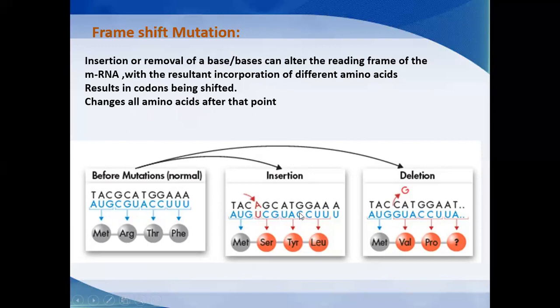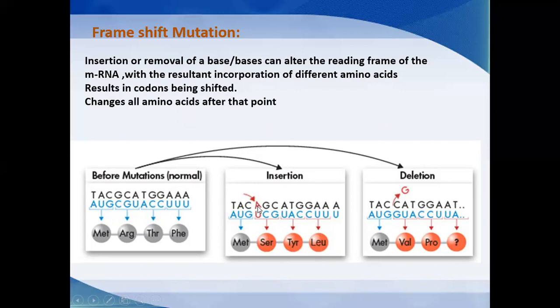See here, we are getting UCG, a codon which represents serine, UAC tyrosine, and UUU leucine. So the complete amino acid sequence is changed due to insertion of a particular base into the DNA molecule.